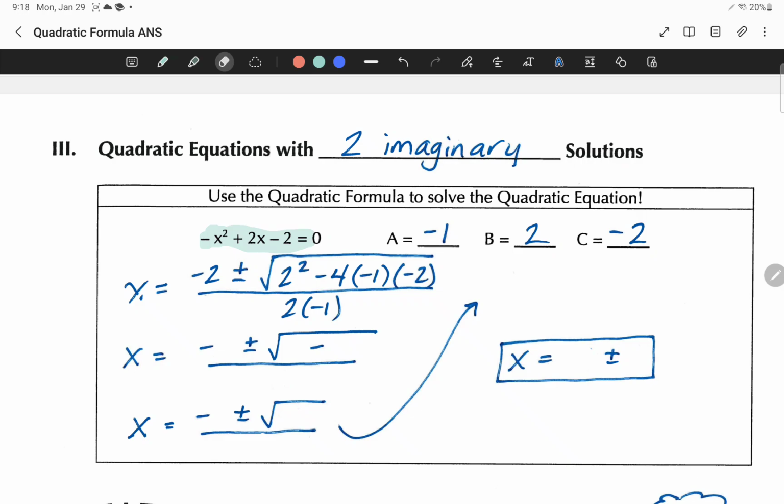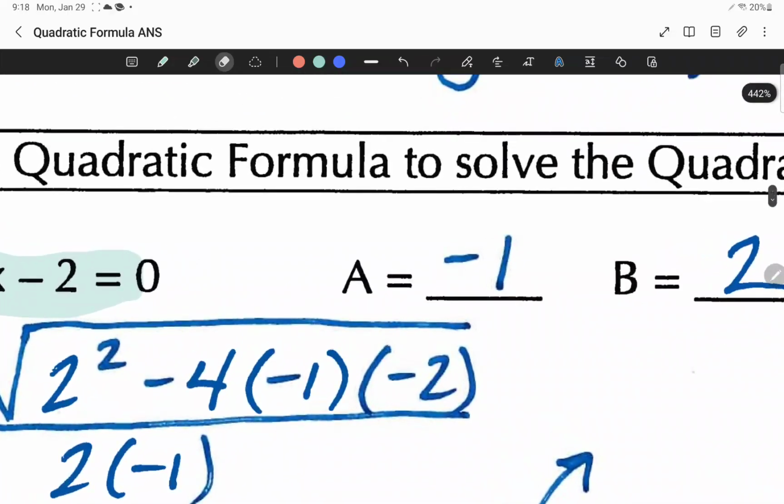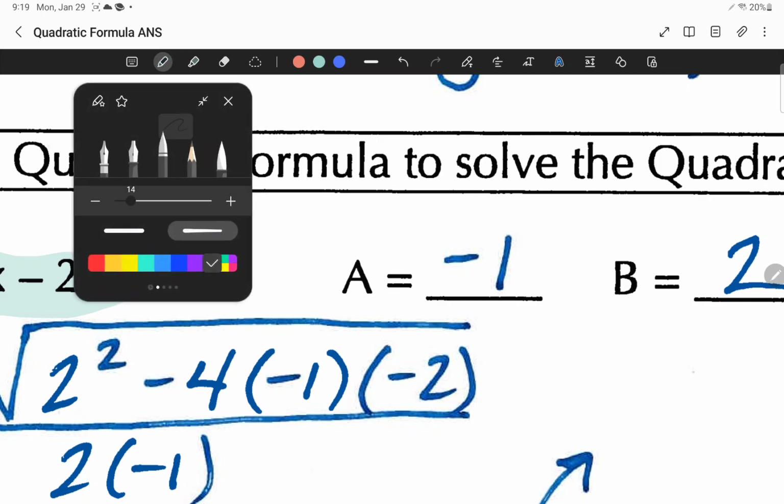Now, on the front, we're still going to have negative 2. That one doesn't change. Now, 2 times 2. Well, we're moving inside the quadratic formula, the square root now. So inside of the square root, we have 2 times 2, which is 4. And then we're going to have negative 4 times negative 1, which is 4. But then, let me show it, because I always like showing this one, because people get confused.